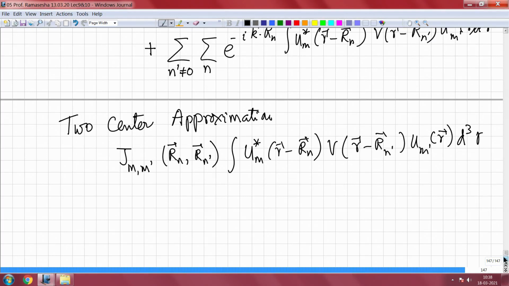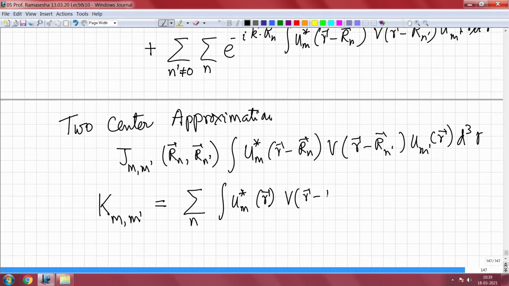The other integral is the Coulomb attraction integral, or the crystal field integral as it was called, and the crystal field integral can be represented as K prime, which is equal to sigma over all the lattice sites times integral u m star r, there will be no r minus Rn because it is interaction of the charge density with the potentials at other sites.